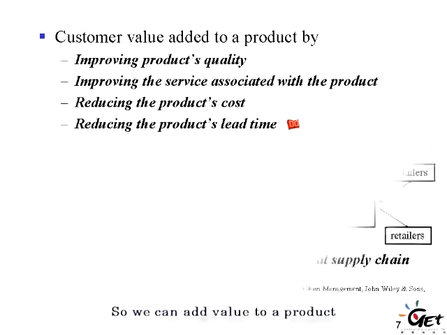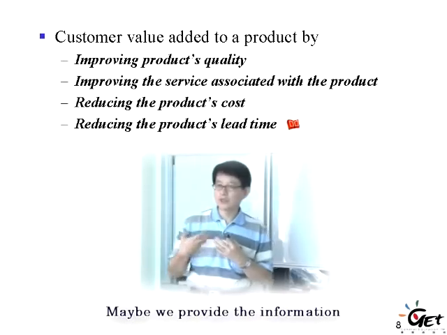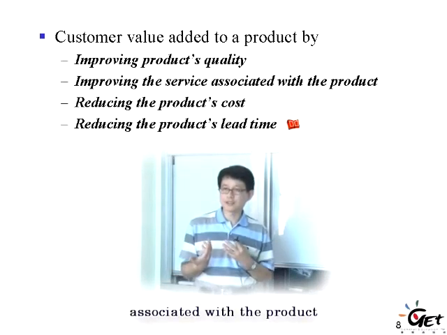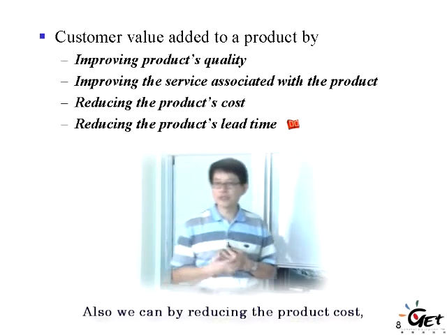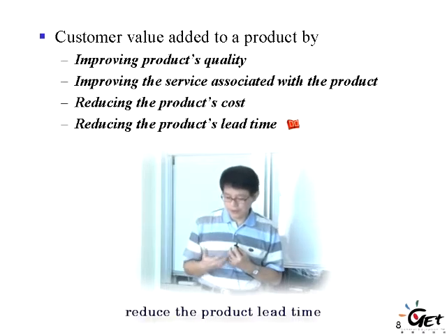tasks. So we can add value, okay, to a product by improving the product's quality, by improving the services associated with the product. Maybe we provide the information associated with this product. Also, we can add value by reducing the product's cost or by reducing the product's lead time.